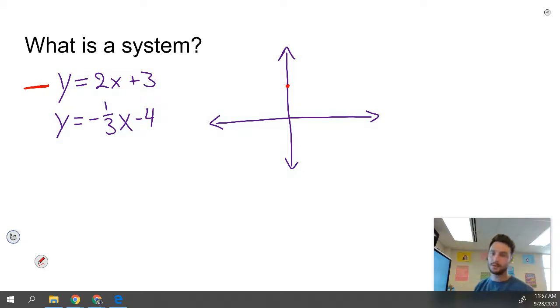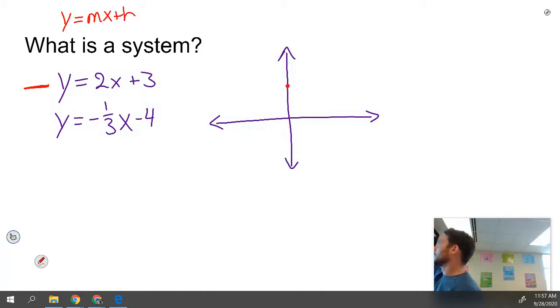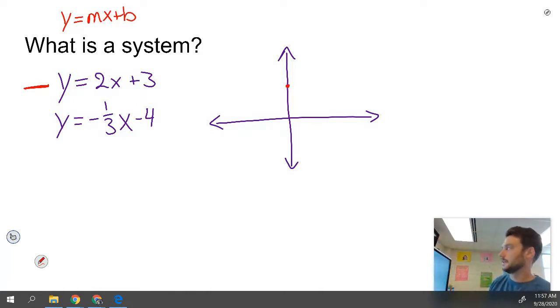That's my y-intercept, right, where it says y equals mx plus b. So that b, that end number, is my y-intercept. That's up at 3. And then that says go up 2 over 1. This is my slope. The m there is my slope, up 2 over 1. So it would look something like this.